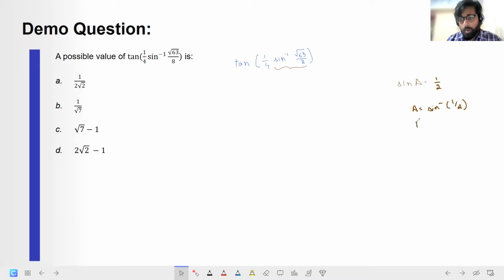So basically what we are trying to figure out over here is this angle first. Sine inverse of something, or tan inverse, cos inverse, an inverse of any trigonometric ratio will always give you an angle.